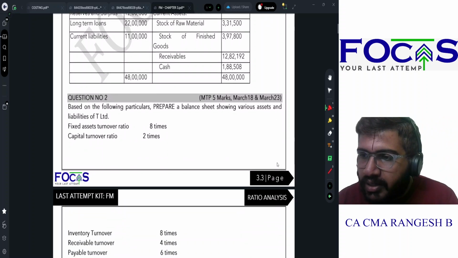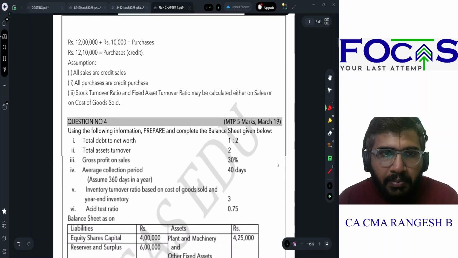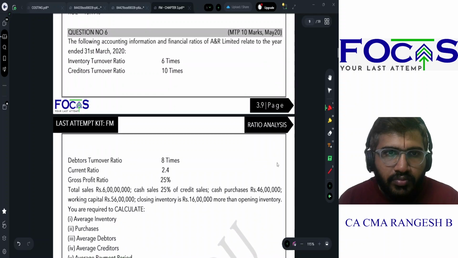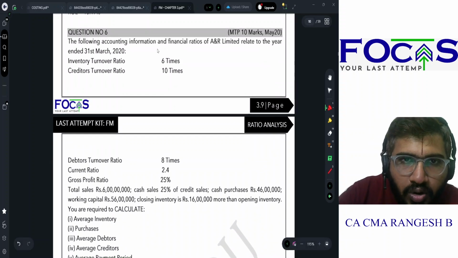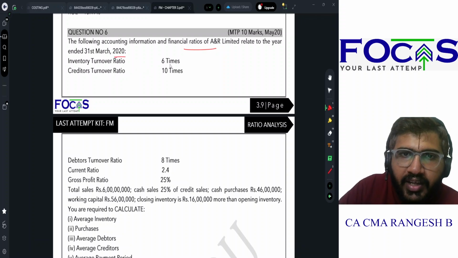Now let us go to question number 6, which will ask you to calculate multiple numbers based on given ratios. The following is accounting information and financial ratios of A&R Limited for the year ended 31st March 2020.